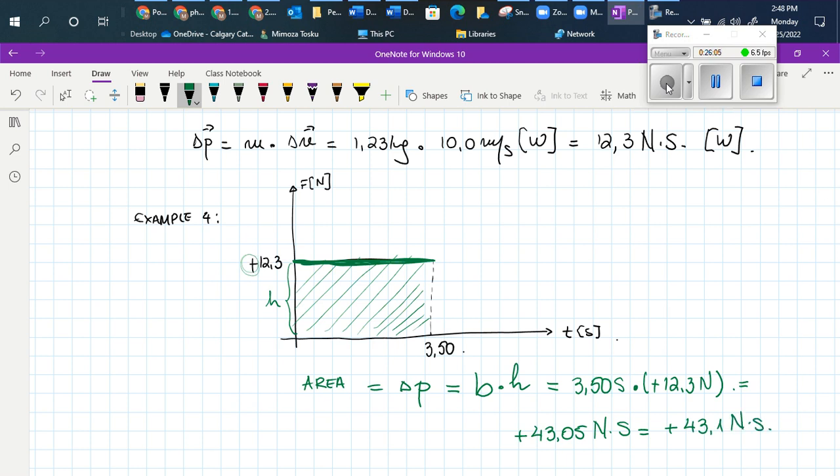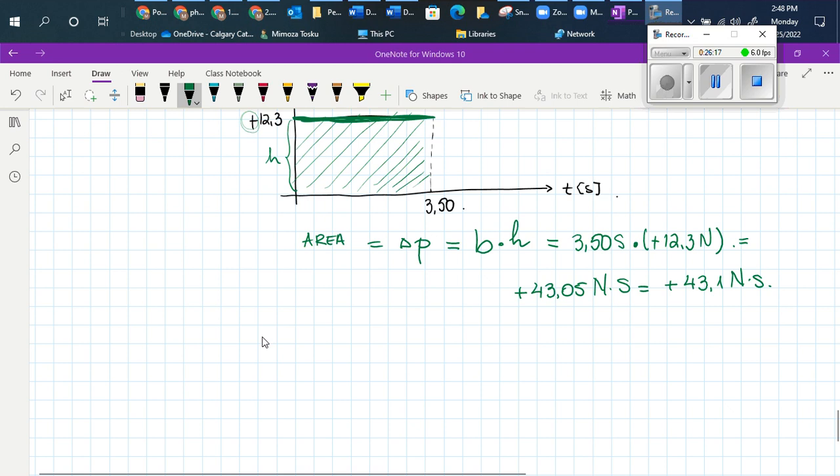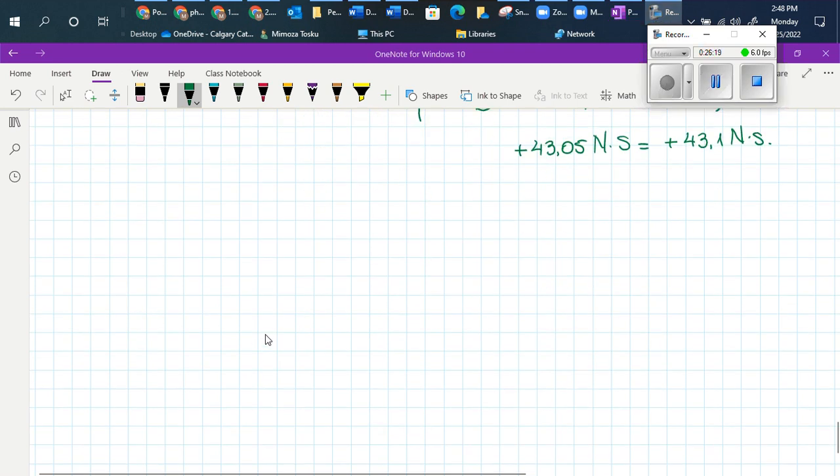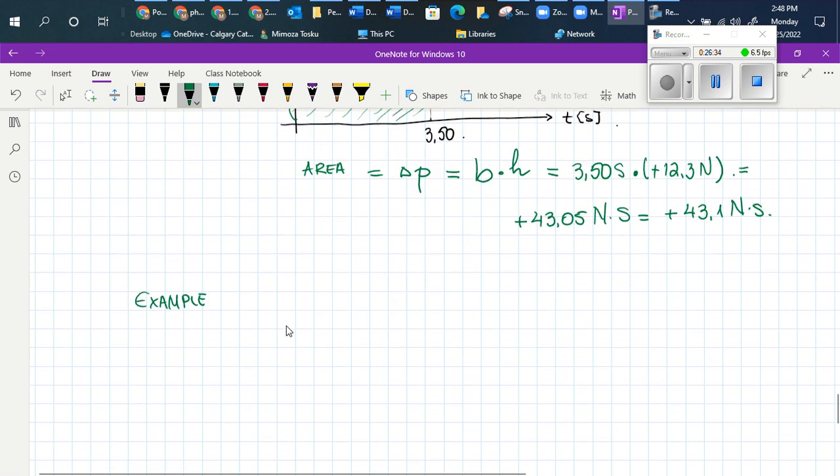What is that positive? Whatever the positive is that the question is assuming, letting us know, or stating as the positive direction. So again, what we are doing is combining the net force times time equal to the change of momentum with the graphing.